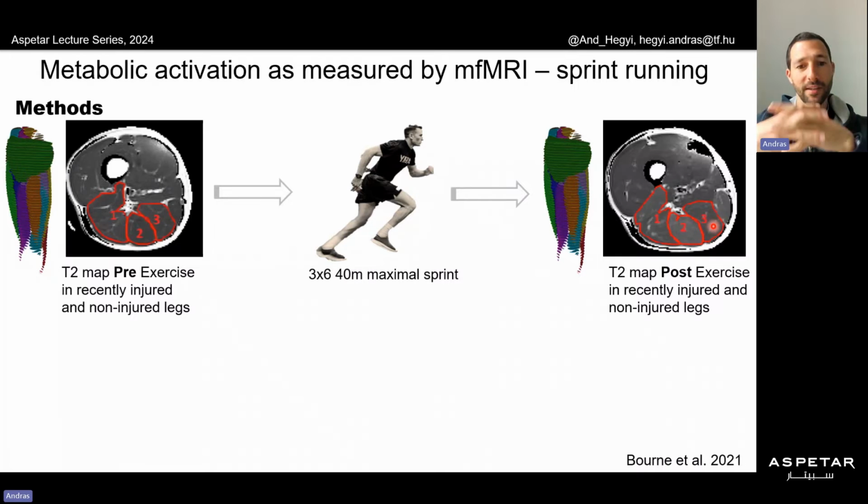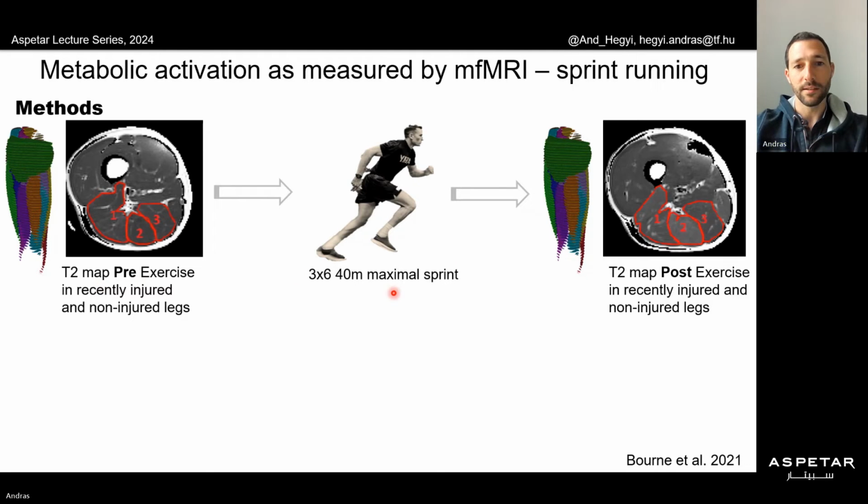EMG is not the only method to measure muscle activation. Another approach is to measure the metabolic activation of the muscle using muscle functional MRI. This method works like this. First we have a scan in the MRI, and here we define the transverse relaxation time of the muscle, which is basically related to metabolic activation.